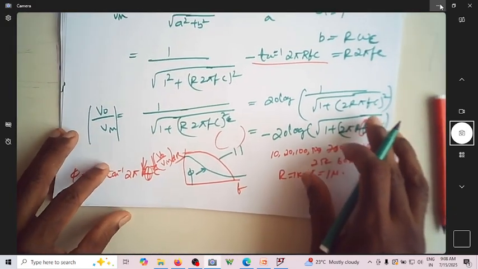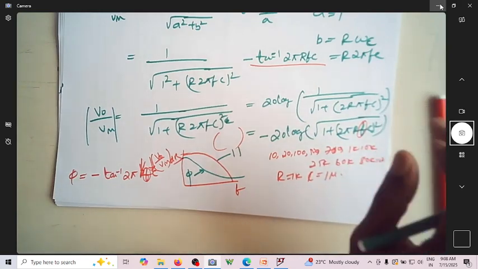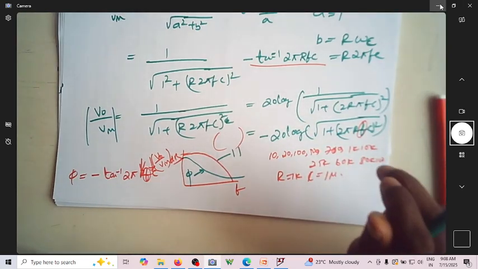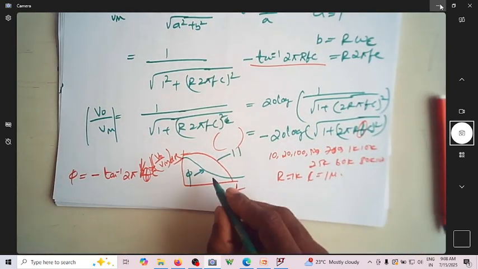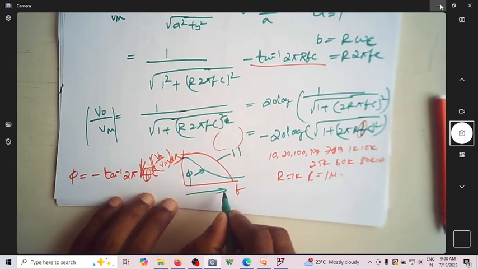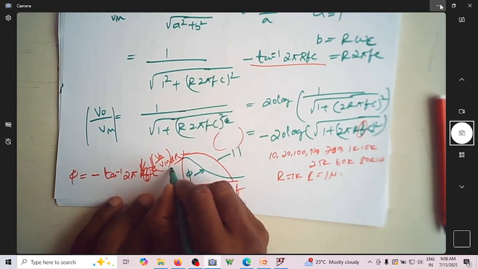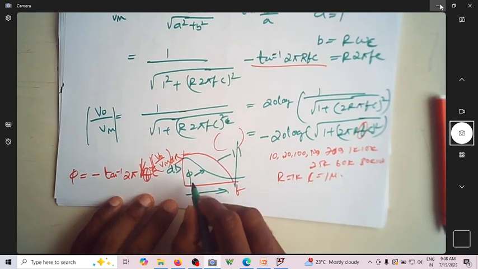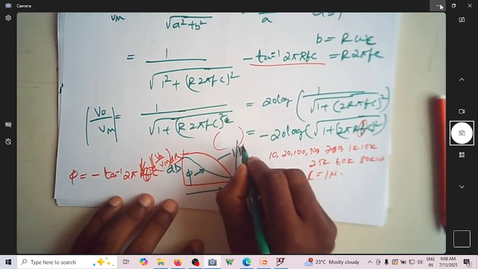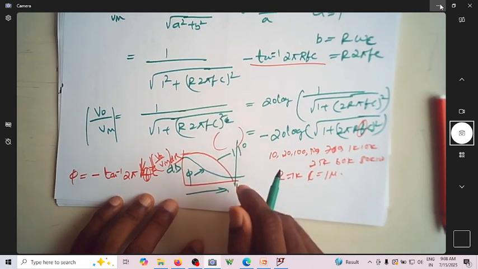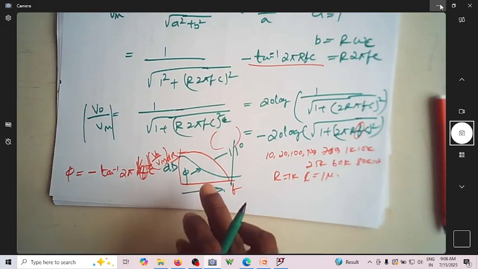So whenever you do frequency response, we will always have two plots. Both of them are with respect to frequency. One is magnitude in dBs and the other is specified in terms of degrees. So what is the phase at a given frequency?